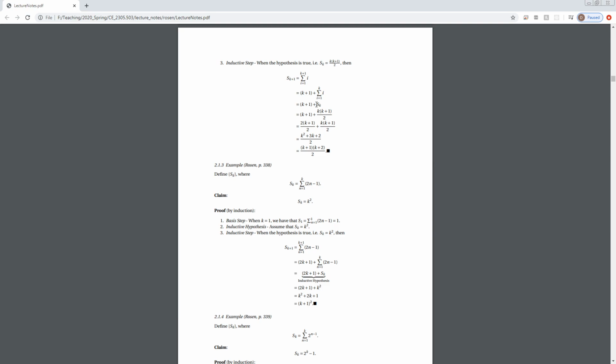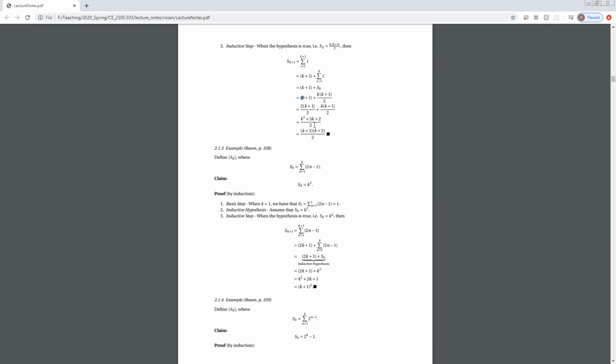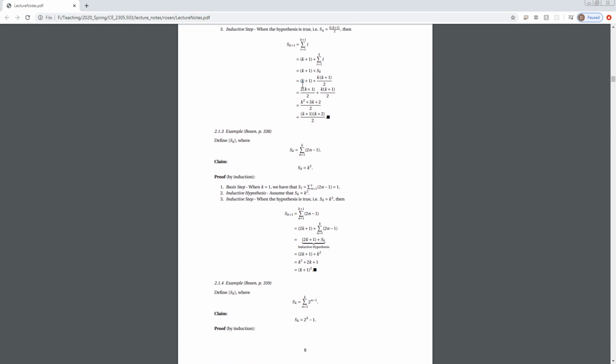This previous information was given by S sub k, and by the inductive hypothesis we're assuming that it equals this, right? So when we have that this substitution is valid, we can now construct that next value, and it reduces to a simple equation at this point.